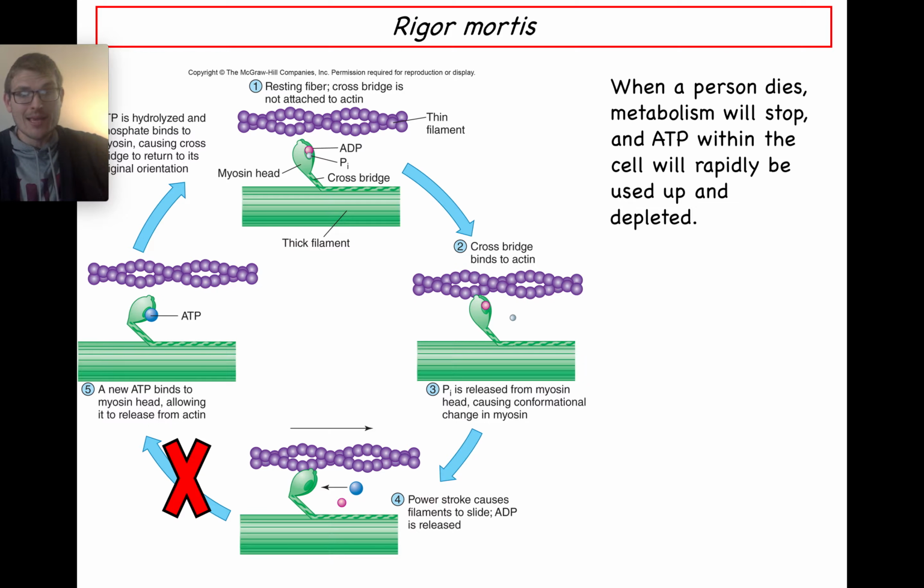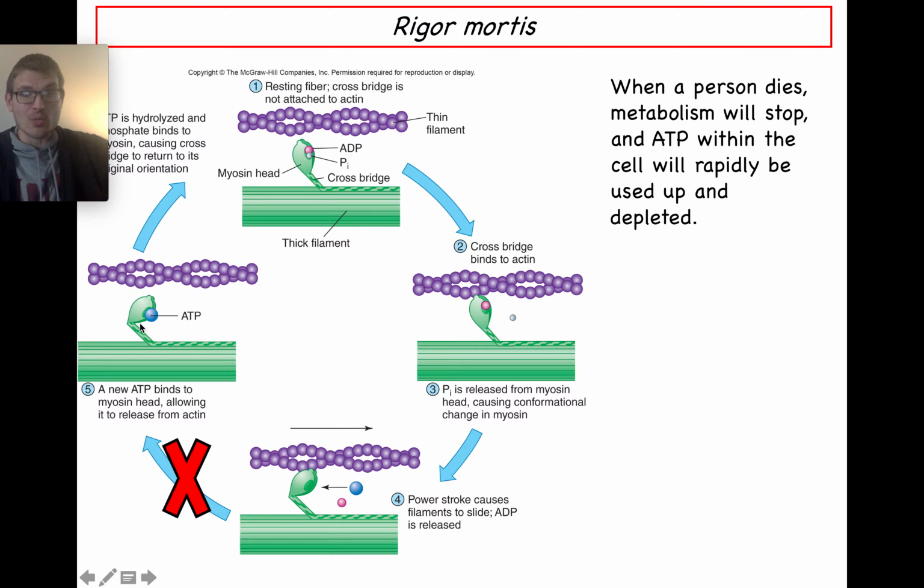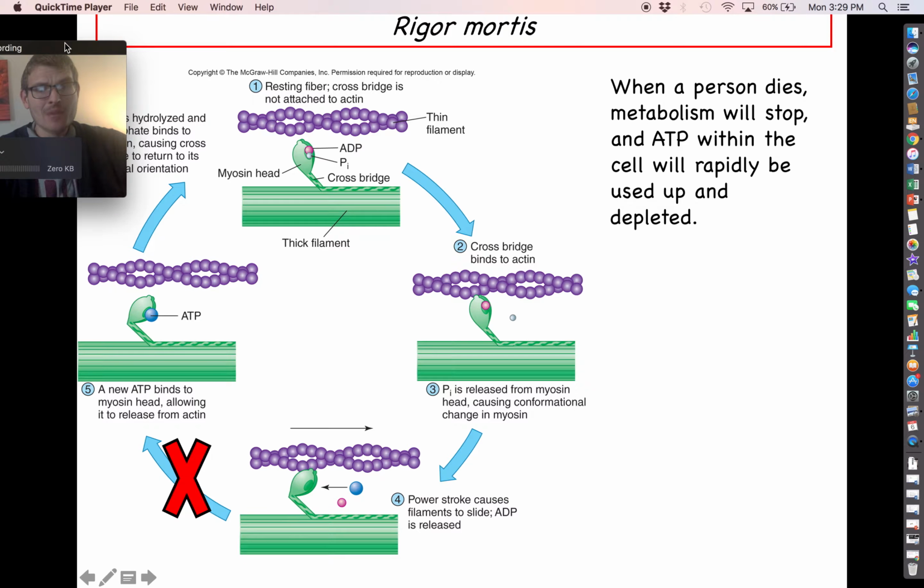So going from 6 to 1 right here, you can see that that is the case. We change the shape and conformation of that myosin head, and you can see it's all reared and ready to go here. And by now, we no longer have ATP. We have the much lower energy configuration, ADP. You'll notice at this point, even though we have already spent that ATP molecule and cocked the myosin head back into its high potential energy configuration, it is still not bound to actin.